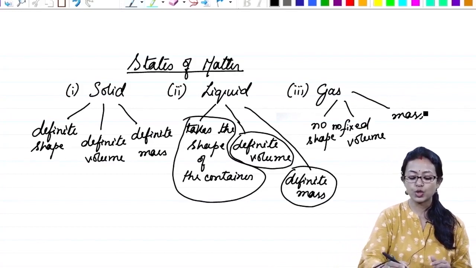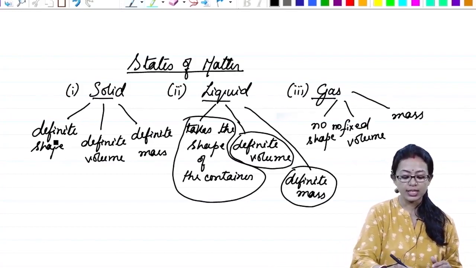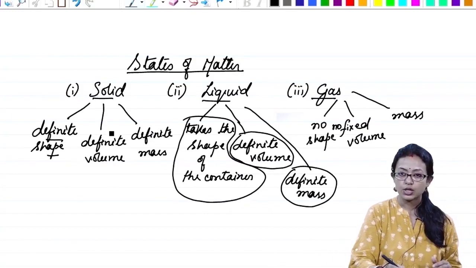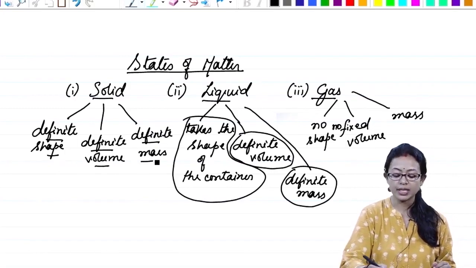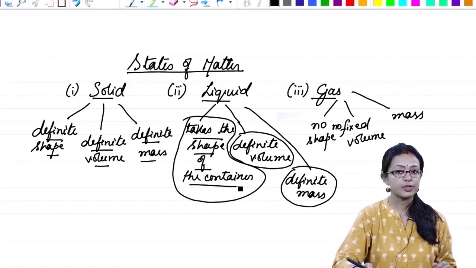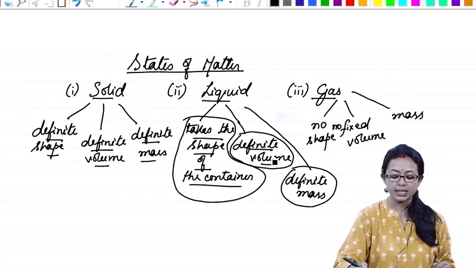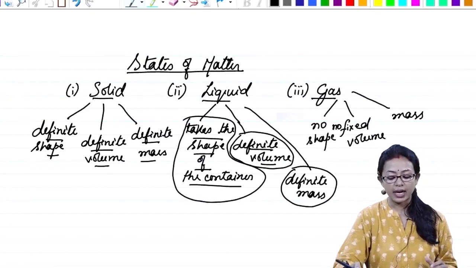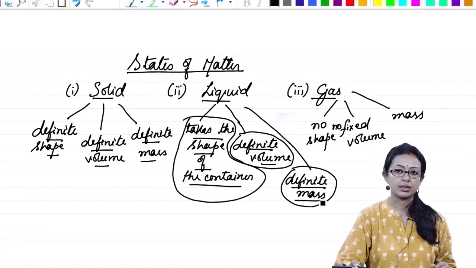So when we look into solid, liquid and gases, solid has definite shape, definite volume, and definite mass. In case of liquid, it takes the shape of the container. Whereas when we talk about the volume, yes, liquid has definite volume. And regarding the mass, liquids also have definite mass.